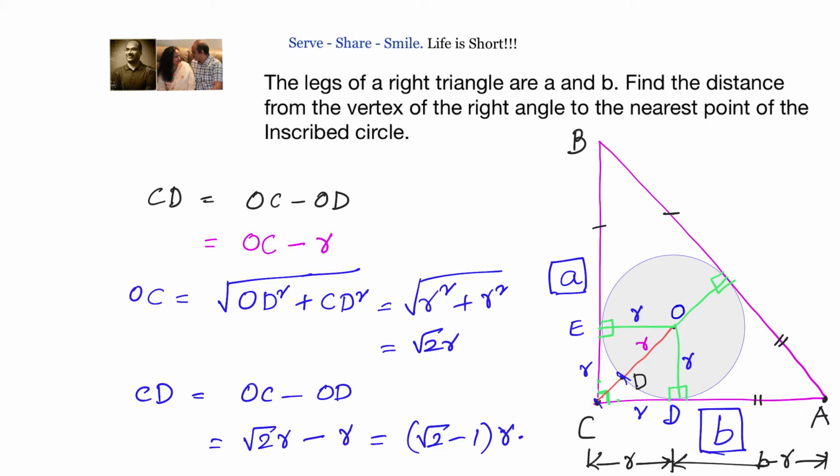So if AD equals B minus R, then AH is also equal to B minus R. Similarly, CE equals R, then BE will be A minus R. If BE equals A minus R, then BH is also equal to A minus R.